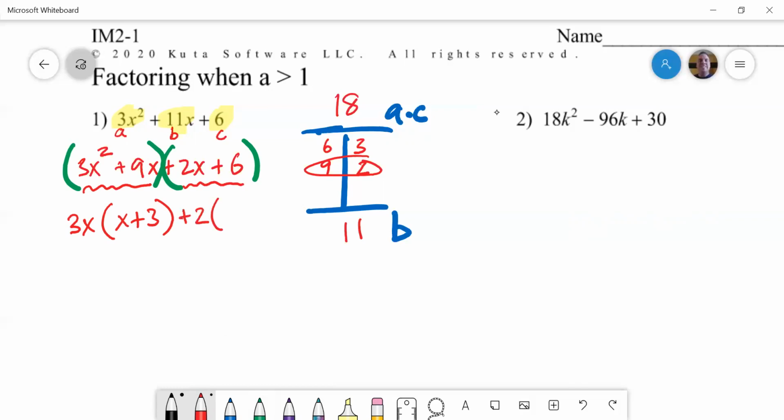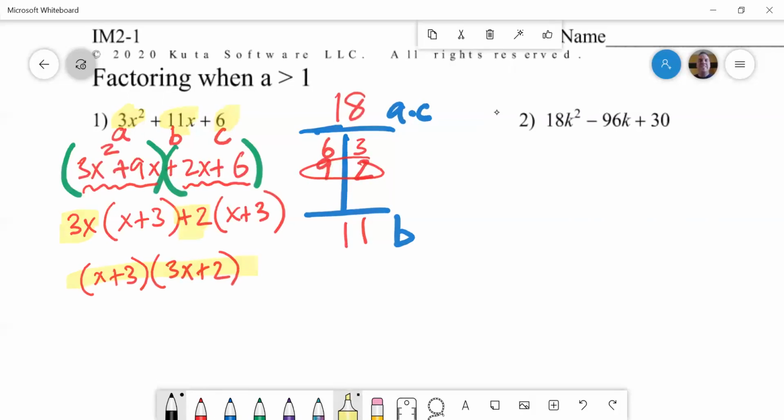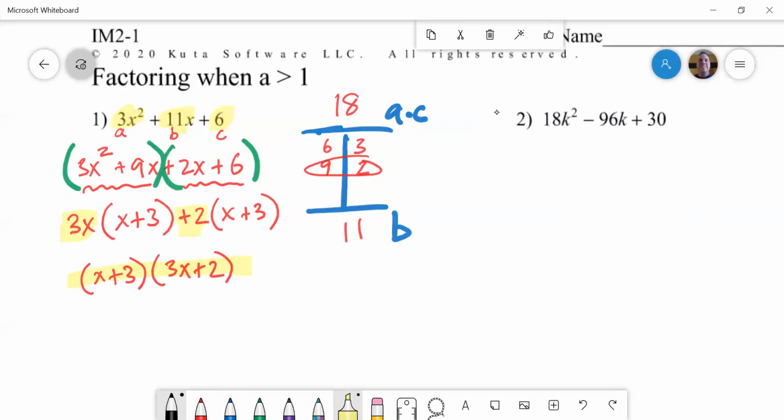So positive 2, and 2 times x is 2x, 2 times 3 is 6. So this factors to x plus 3. And then what is multiplying x plus 3? 3x is, and positive 2 is. So we're going to put those together and say 3x plus 2. And that, ladies and gentlemen, is factoring using grouping. That's the grouping method. So you can factor that way.